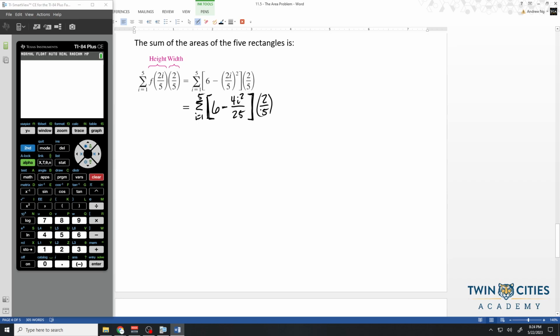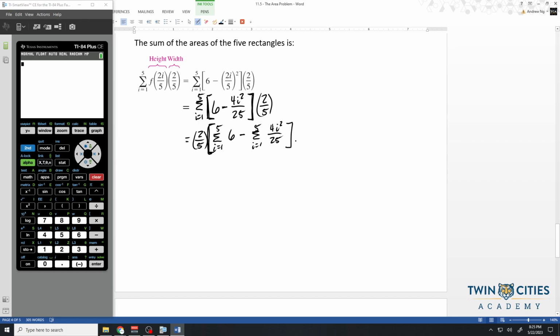All right, this 2 fifths is just multiplying to this, so I'm just going to bring it out to the front. So this will be 2 fifths times the summation, i = 1 to 5 of 6, and then I can actually break this up, minus, let's do a bracket around this whole thing, minus the summation, i = 1 to 5 of 4i squared over 25.